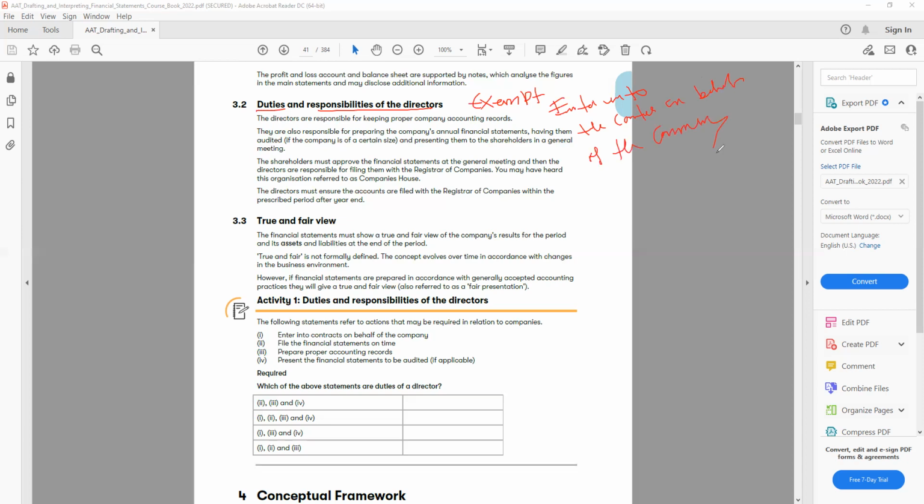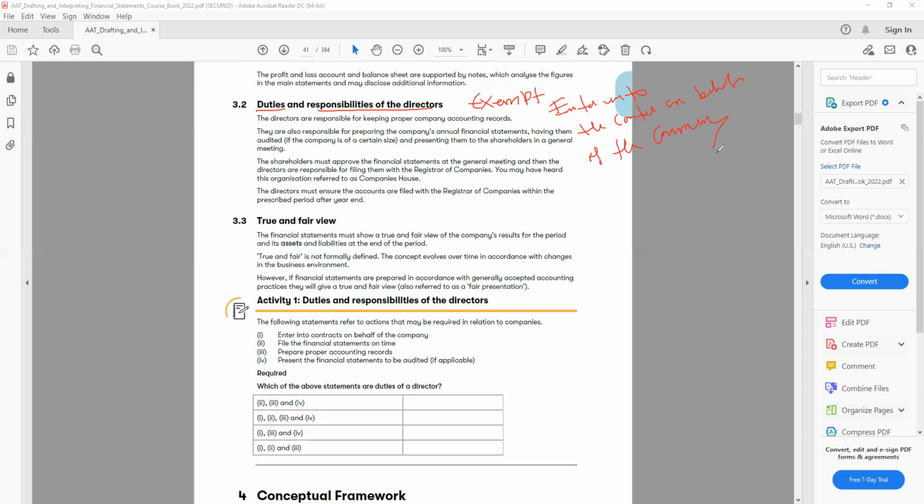You really don't have to enter into the contract on behalf of the company, because a limited company will be treated like a person. Remember that the limited company will be treated like a person. So if we have to make any contract on behalf of the company, we can use the company name. So the company doesn't need the director's name to enter into any contract.